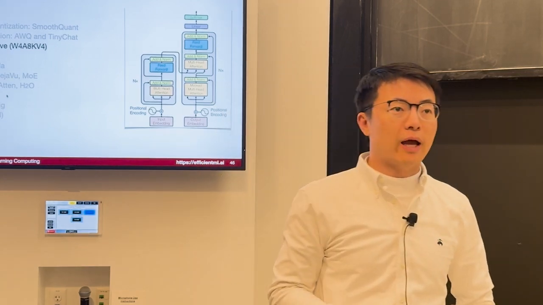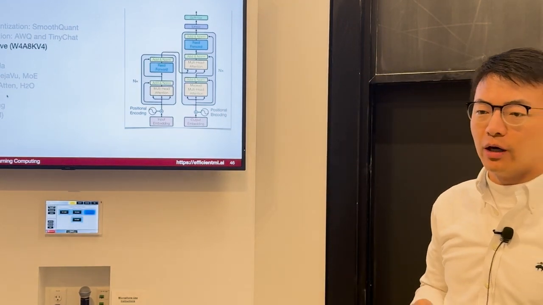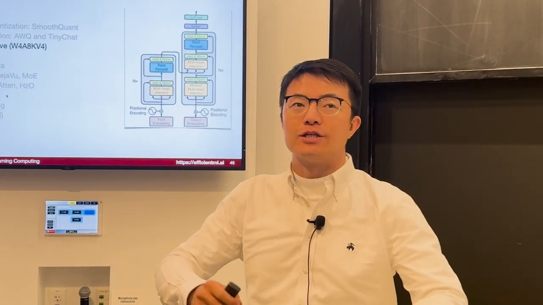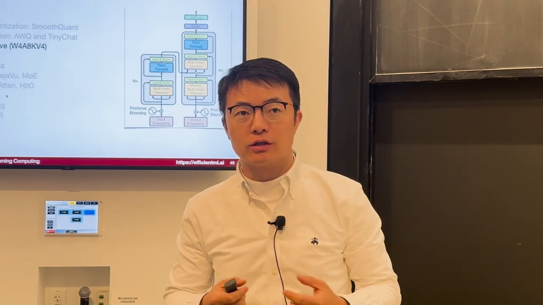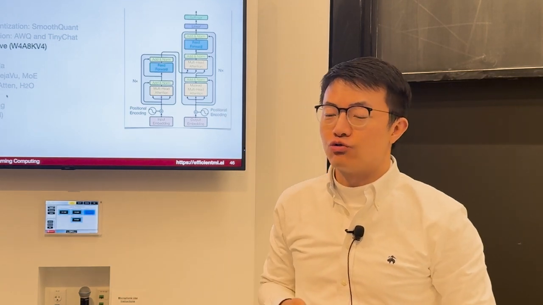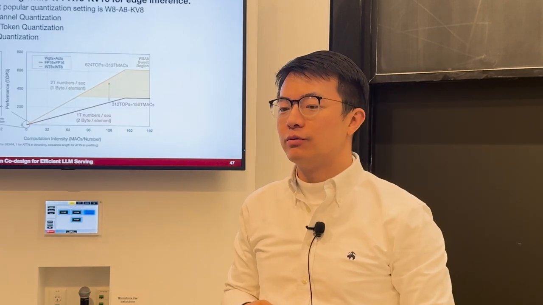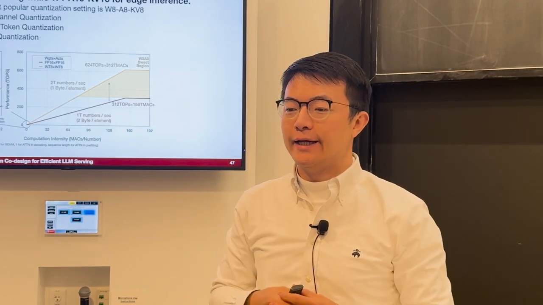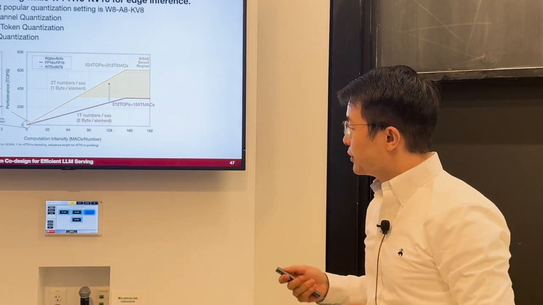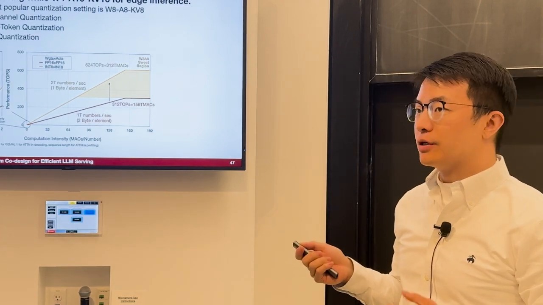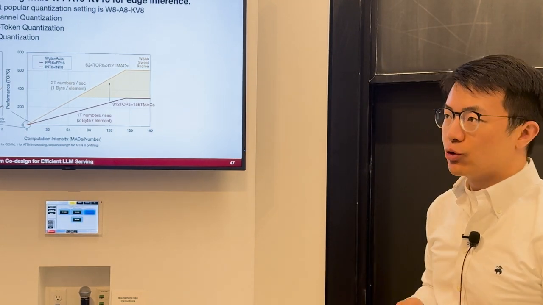All right, welcome back. We spent a lot of time talking about SmoothQuant and AWQ since they are going to be in lab 4, so we covered them in great detail to strengthen your understanding. Now let's move on to combine the best of both worlds between SmoothQuant and AWQ. So let's first look at the difference between AWQ and SmoothQuant.